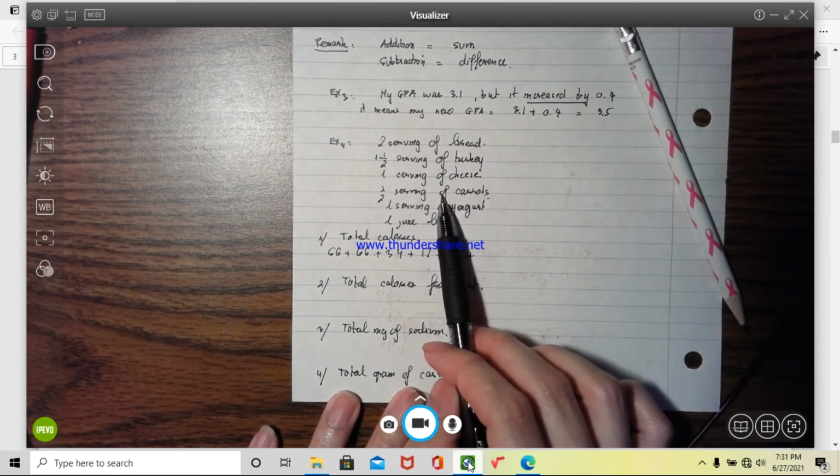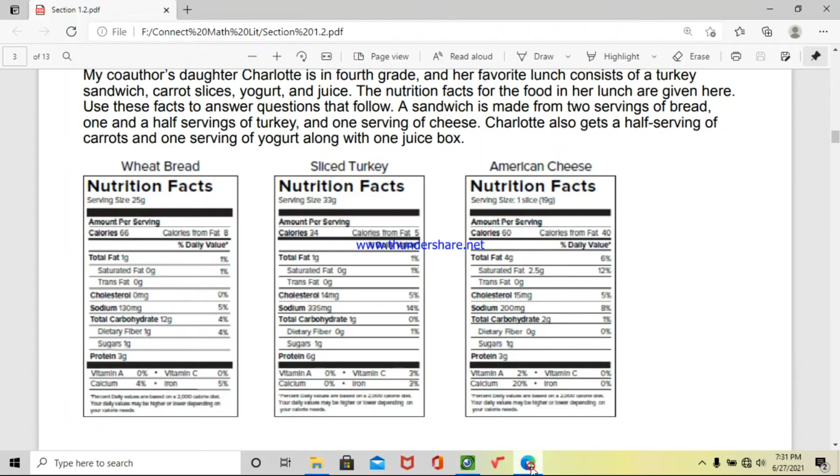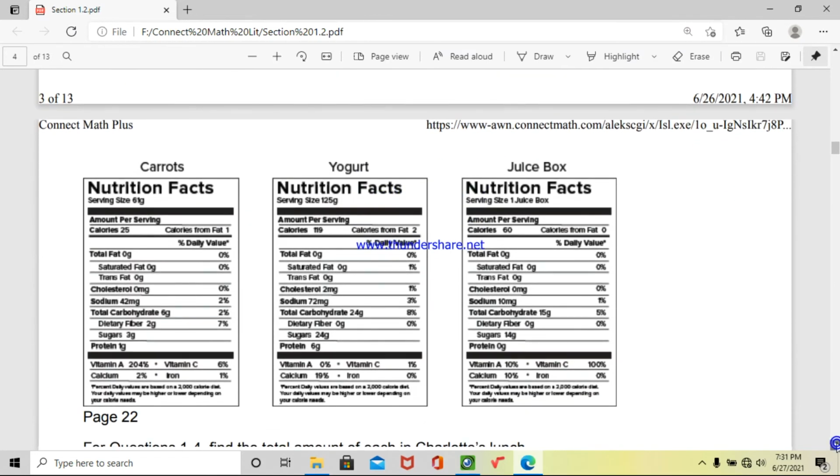So we look at the serving of carrot. Carrot is down here. So a half serving of carrots will be 25 divided by 2, which is just half. So it'll be 12.5, right? So it'll be 12.5.